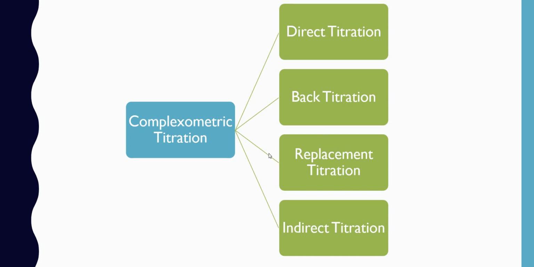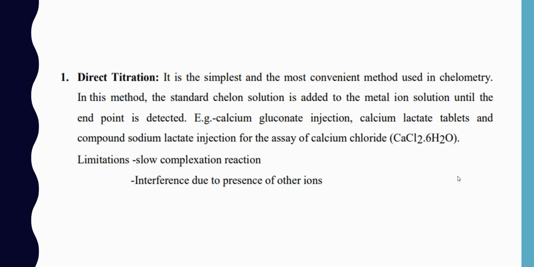Now these complexometric titrations can be performed by various different methods like direct titration, back titration, replacement titration, and indirect titration. These are various ways you can perform complexometric titration. First is direct titration. It is the simplest and most convenient method used in chelatometry.